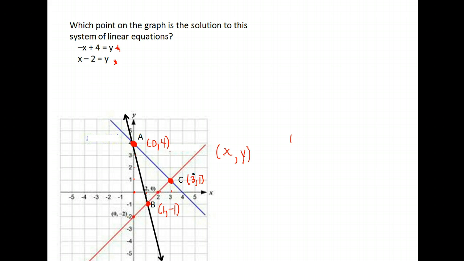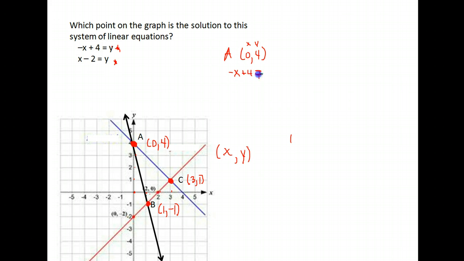Now, to determine which of those is a solution to our system of equations, we take those points and plug them, the x and the y, into each of these equations. Whichever makes both equations true is our answer. So let's try point A, the point 0, 4. Again, the first is our x and the second number is our y. Let's try it in our first equation.